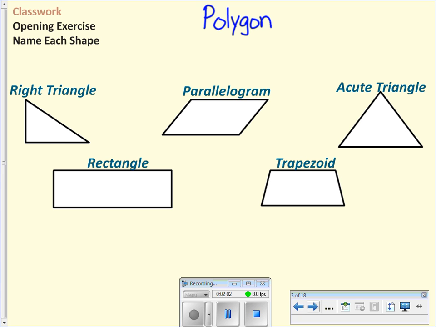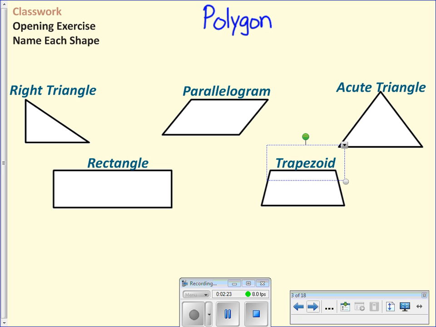My next question. Why is this a trapezoid and not a rectangle, and not a parallelogram? How come? Because the sides on the top and bottom are different. Not because they're different lengths.